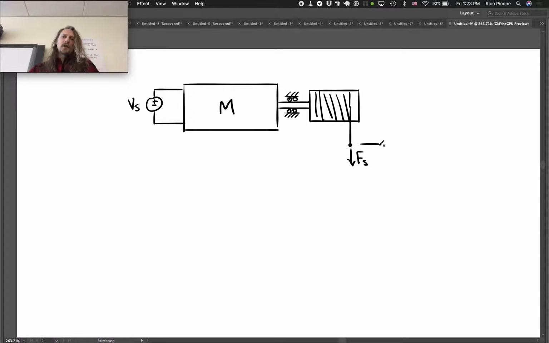Say the motion here is x. They move it, and well, we could draw another bearing over here if we wanted to. I mean, you definitely want another bearing on the other side of this spool.